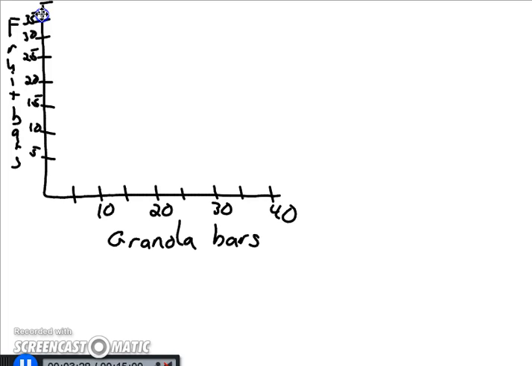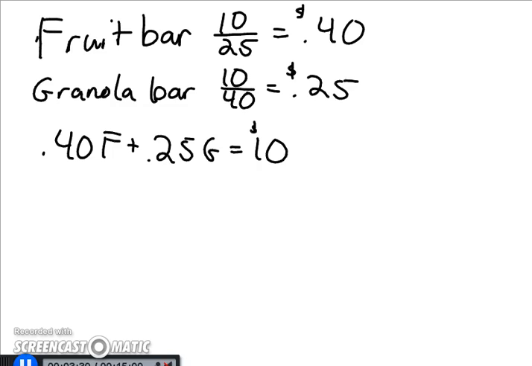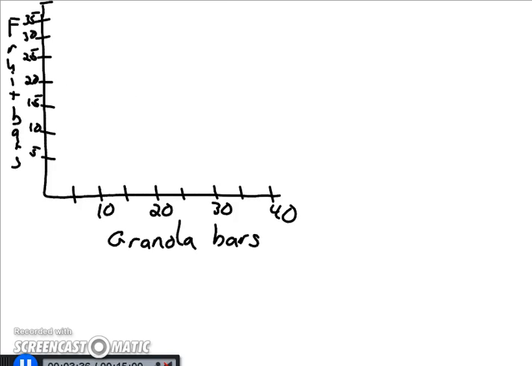Okay. Now if we go back to the previous problem that we looked at, it said that she could buy 25 fruit bars, which would mean that she would have to buy 0 granola bars, because it would cost her all $10 to buy those 25 fruit bars.